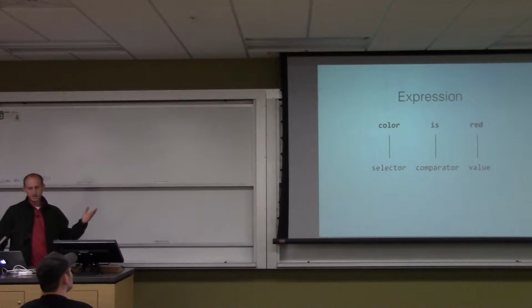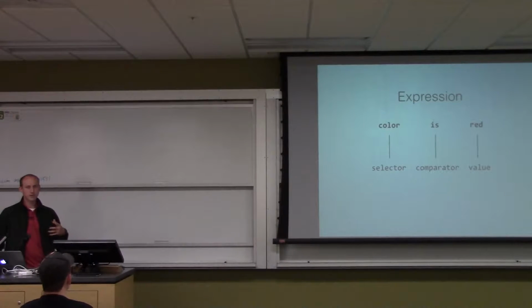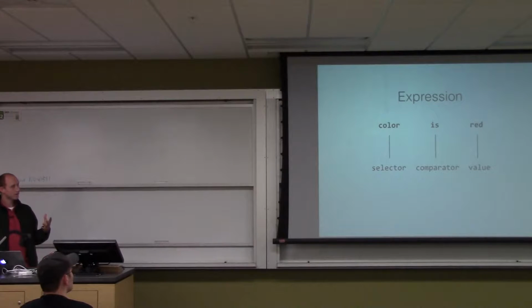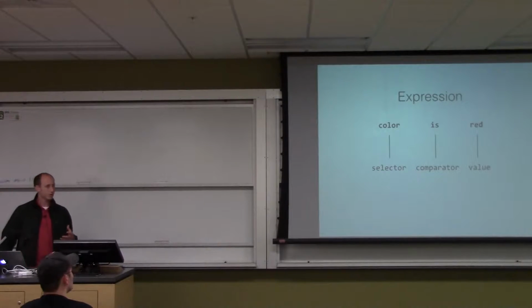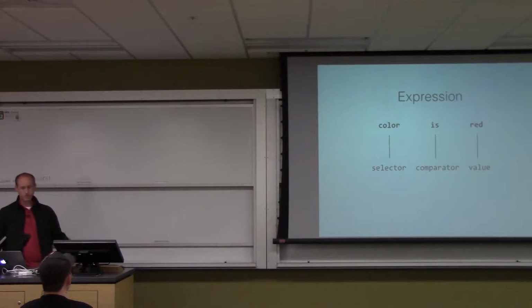So we'll say that an expression is made up of a selector, which is kind of choosing the property of our raccoon or our tree or whatever, and then a comparator, which is like the operation we're going to be applying to it, and then a value, which is pretty clear what that means.